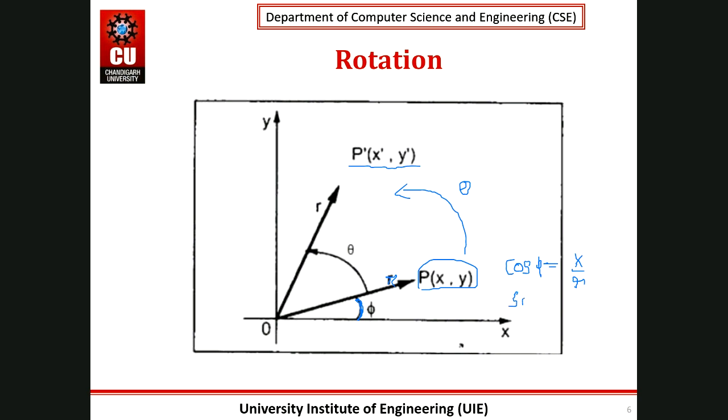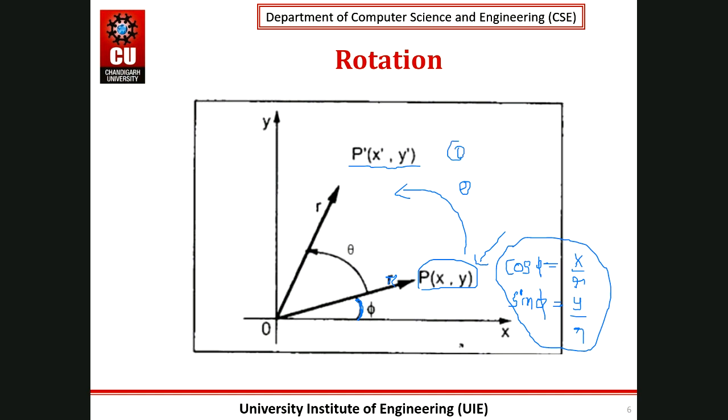Sine phi will be equal to perpendicular upon hypotenuse, that is y upon r. Okay guys, now just put in the values. Now I have calculated these polar coordinate values for this particular point. For this point P dash (x dash, y dash), the value will be cos of theta plus phi.